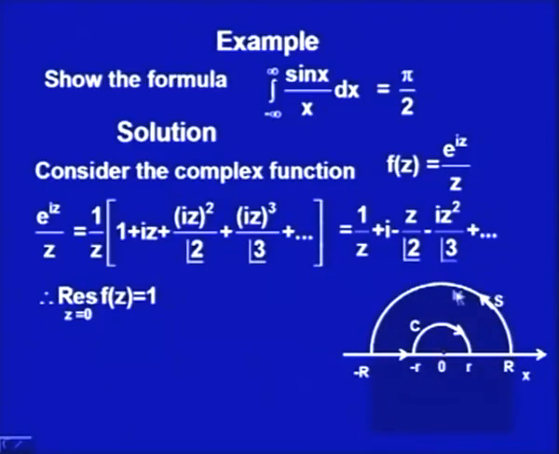So this particular contour, the semicircle S and the portion of the real line from minus R to plus R, is not going to serve our purpose because our singularity is lying on the contour. What we require is that all the singularities should be interior to the closed contour C. So let us redefine our closed contour.